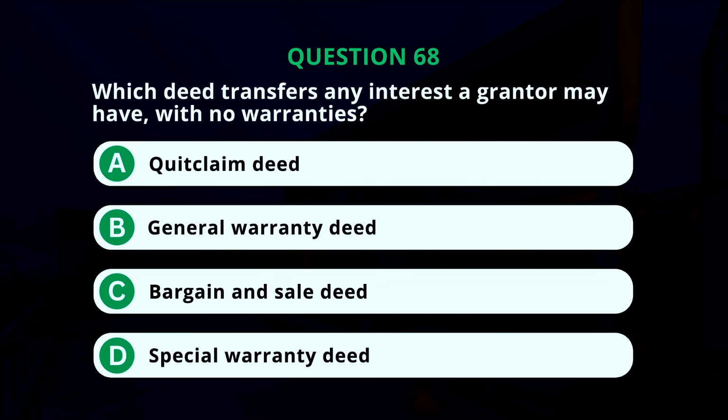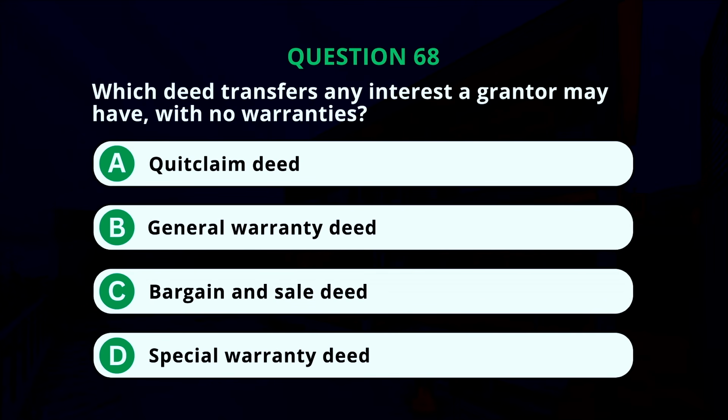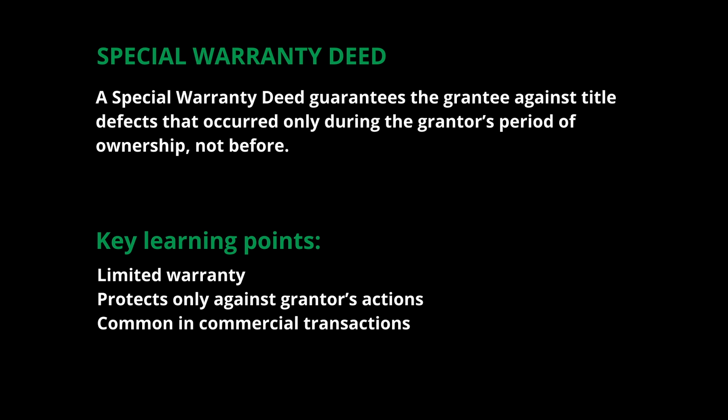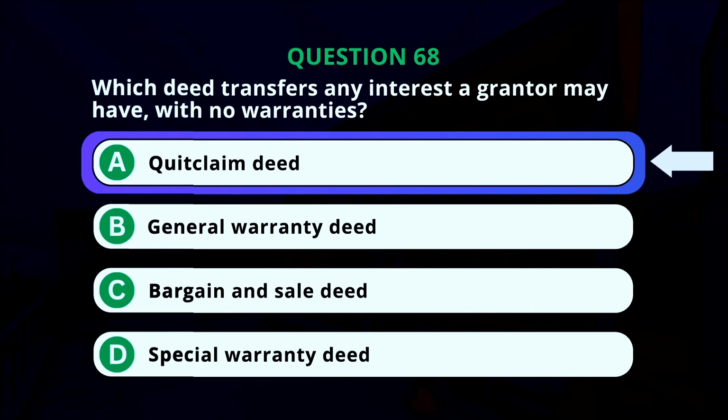Letter C, bargain and sale deed. Letter D, special warranty deed. And the answer? Letter A, quitclaim deed. So this is just straight up, what is a quitclaim deed?